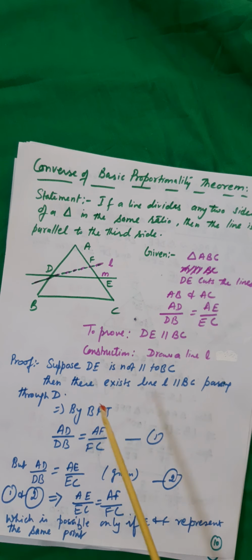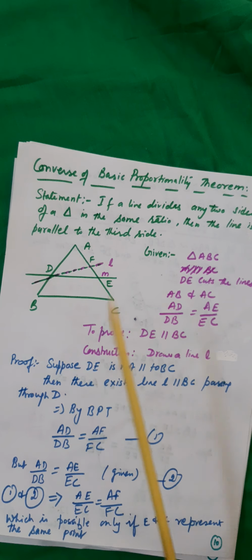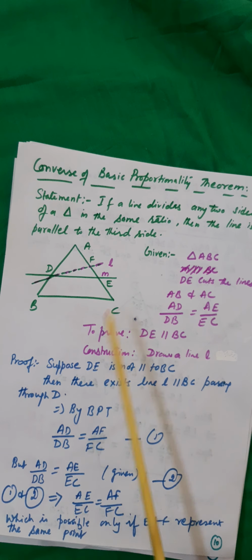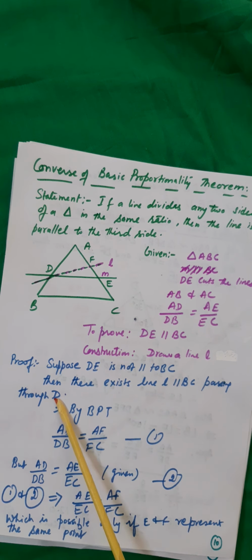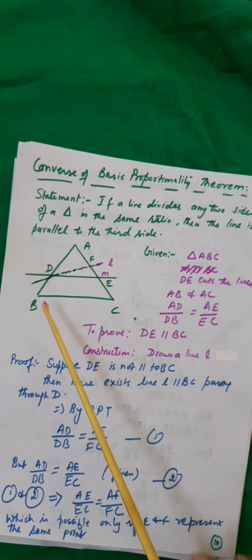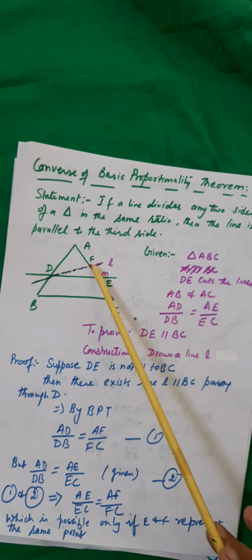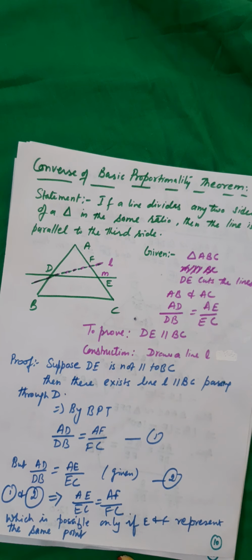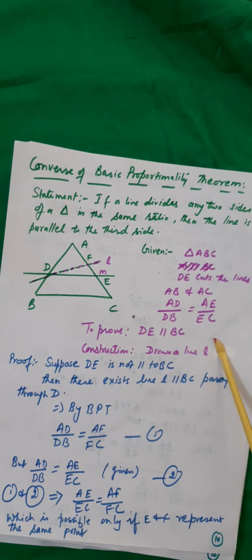Now, suppose DE is not parallel to BC, then there should be another line L which should be parallel to BC. Now, if L is parallel to BC, then by basic proportionality theorem, we should have AD upon DB is equal to AF upon FC. But it is given that AD upon DB is equal to AE upon EC.